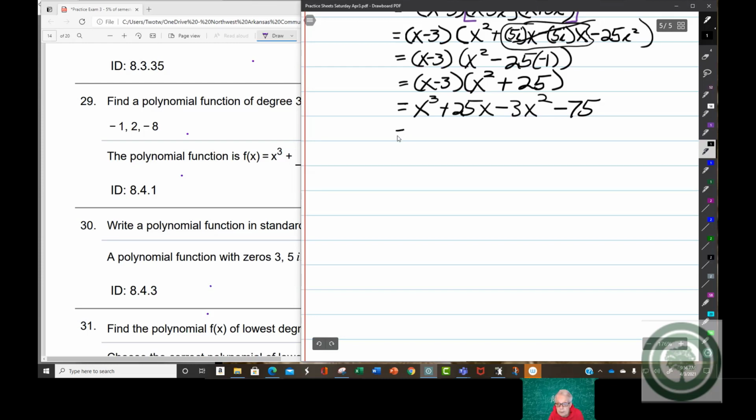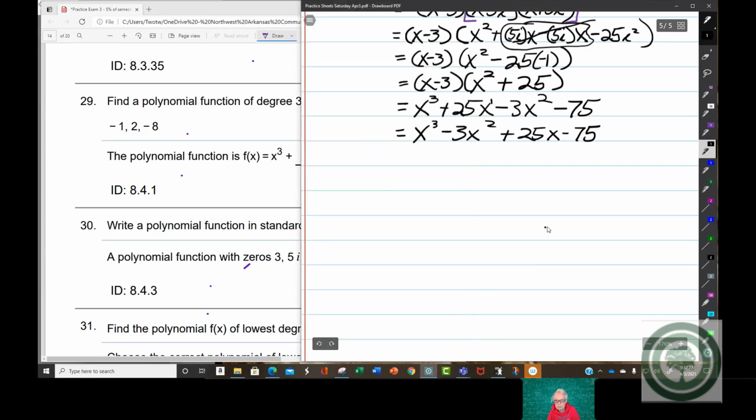The only thing I have to do is put this in descending order because right now we have degree 3, degree 1, degree 2, degree 0. Now that's not the right way. X to the third minus 3x squared plus 25x minus 75.